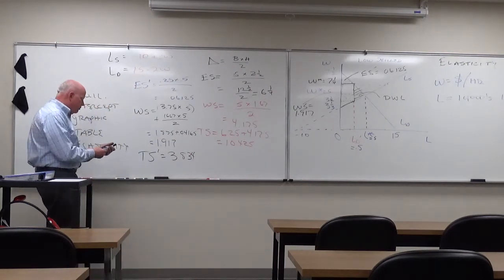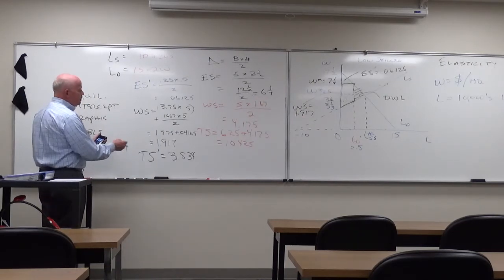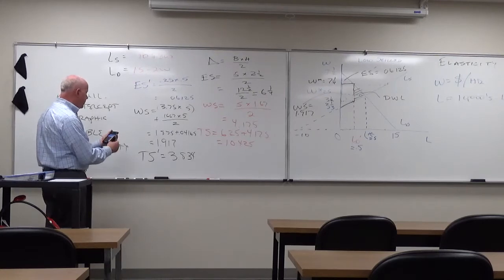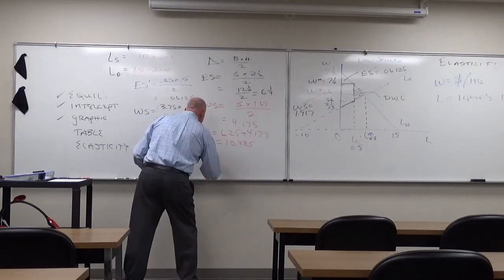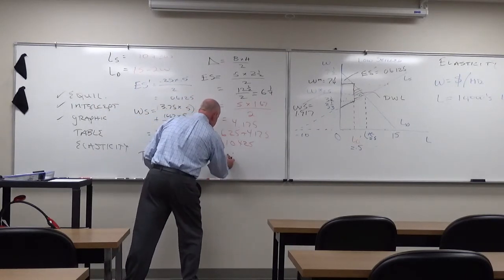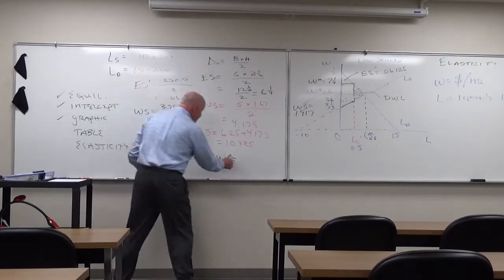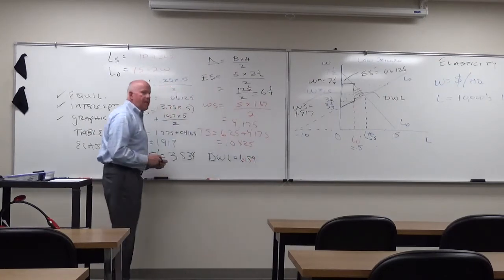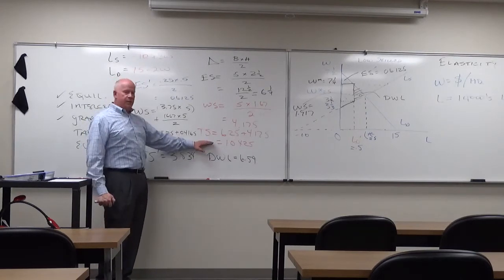So if that's the case, we can now say 3.834 minus 10.425, and our deadweight loss, we think, should be approximately 6.59, I believe is the number that I just came up with. Yep. 6.59, and we did that by subtracting the new, reduced surplus from the original surplus.